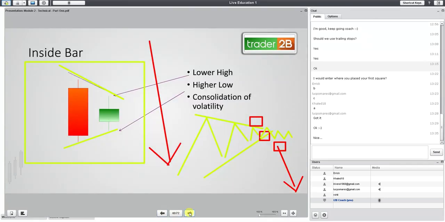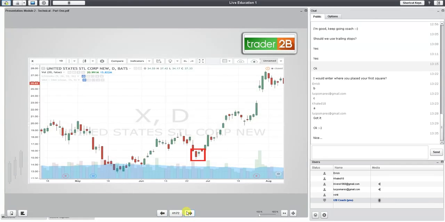So this is an example of an inside bar reversal pattern. As we can see here, you have the price consolidation taking place right here. The price moved down, consolidated, and then it reversed back up. These are key things that we're looking for when we're trading markets. It's very important to understand how these consolidation patterns take place and how we use this to help us predict which way the market is going.